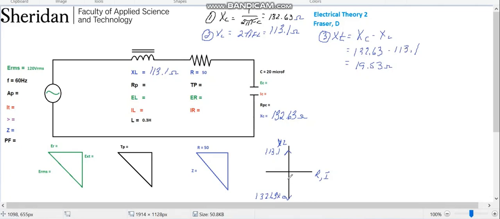If I was to graph that, I could graph it like this, and say that's XT, and XT equals 19.53.